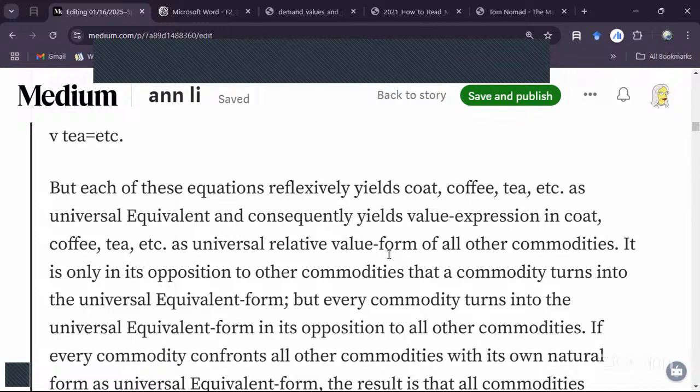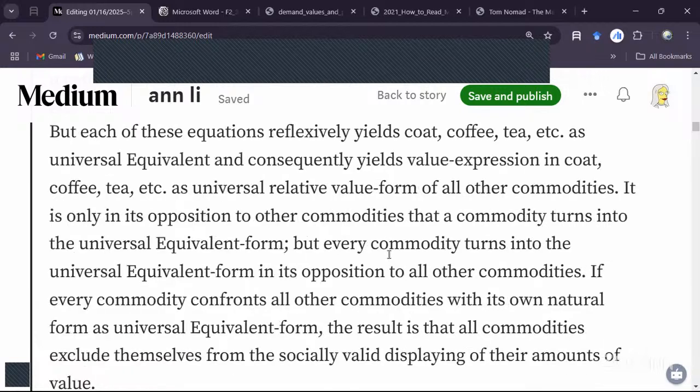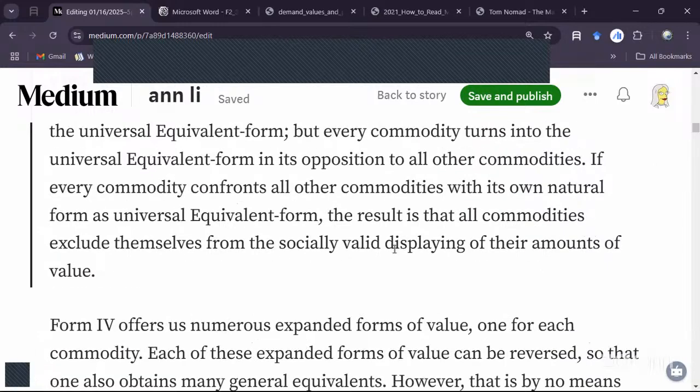It is only in its opposition to other commodities that a commodity turns into the universal equivalent form. But every commodity turns into the universal equivalent form in its opposition to all other commodities. If every commodity confronts all other commodities with its own natural form as universal equivalent form, the result is that all commodities exclude themselves from the socially valid displaying of their amounts of value.